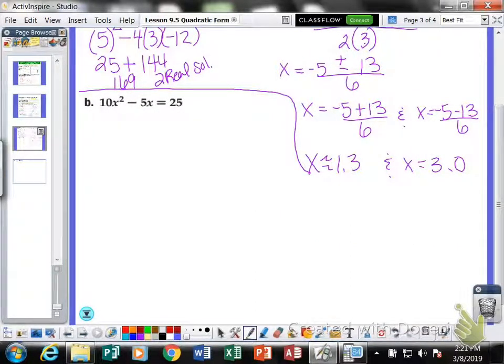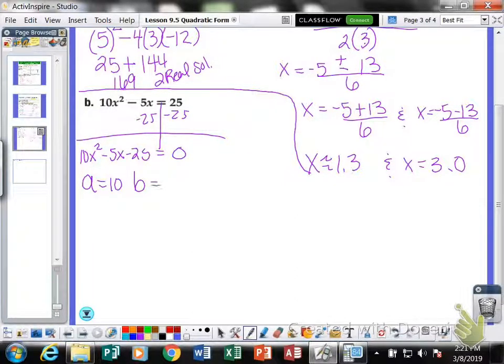So in the next one, we would want to subtract 25 from both sides. 10x squared minus 5x minus 25 equals 0. A equals 10, B equals negative 5, C equals negative 25.